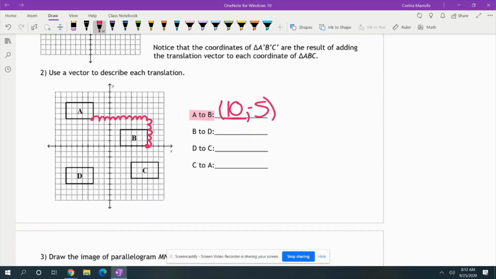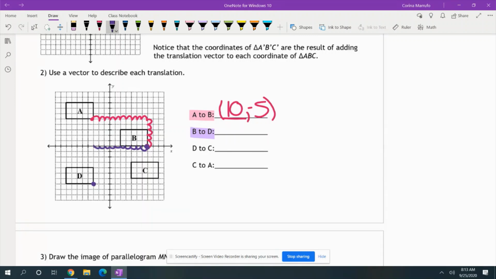All right, next they want us to go from B to D. We're going to do the same thing. I'm going to pick the bottom right corner just to keep it consistent with all the shapes. We're going to see how many units we have to go to the left this time: 1, 2, 3, 4, 5, 6, 7, 8, 9, 10.